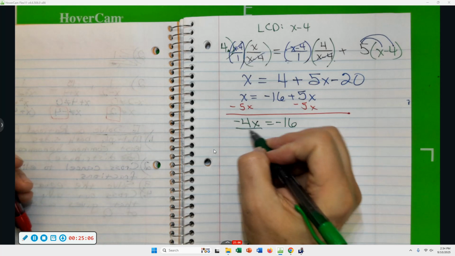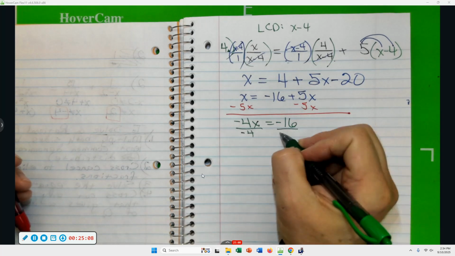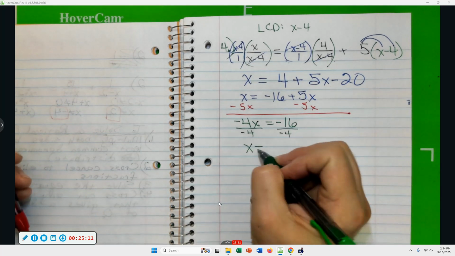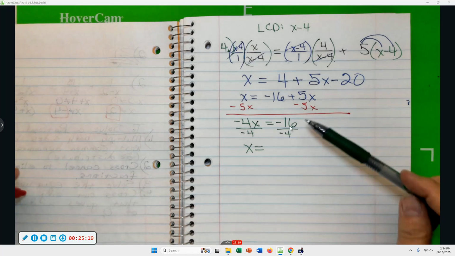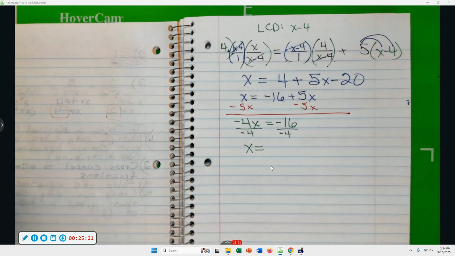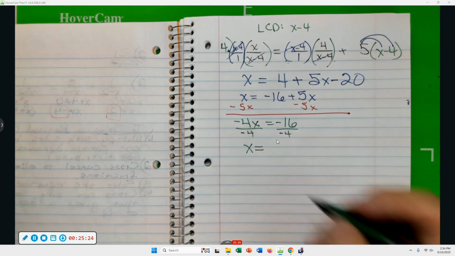Divide both sides by negative 4 to give us x equals, what are we getting here? Negative 16 divided by negative 4 gives me a positive 4.